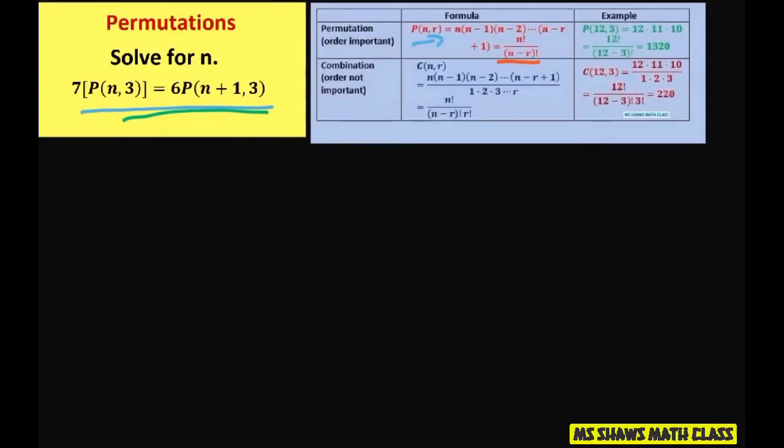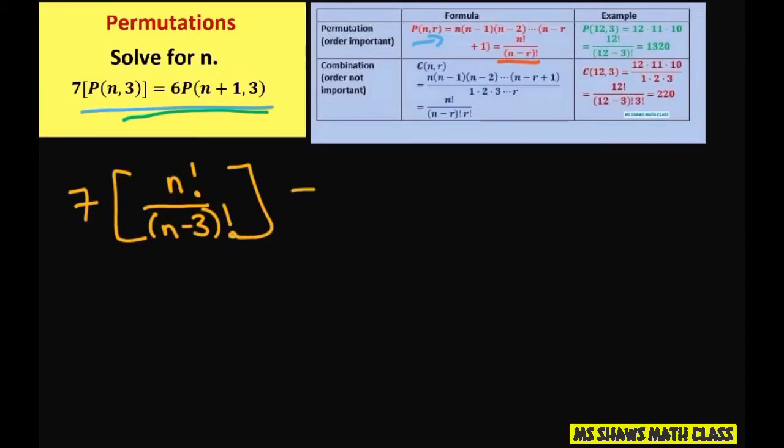So we're going to rewrite these using our formula. This is going to be 7 times n factorial divided by n minus 3 factorial. And on the right hand side, it's 6 times, now our n is n plus 1.